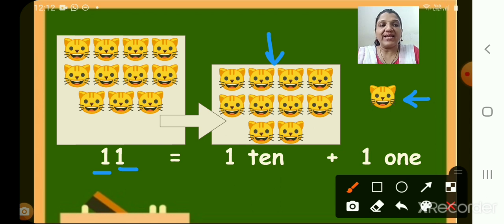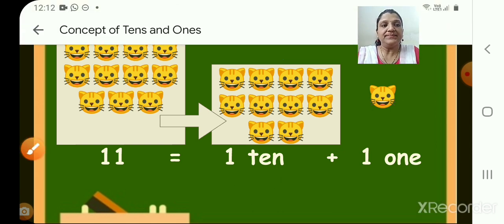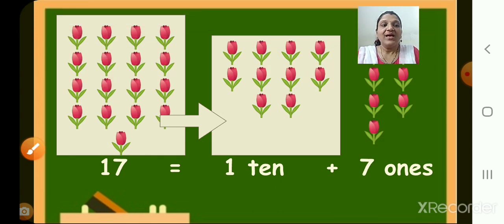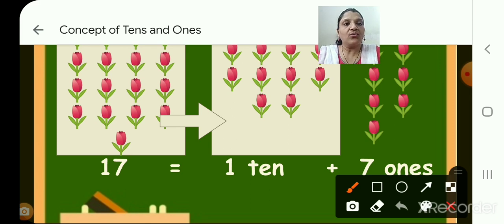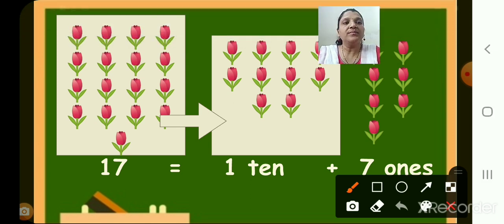Now, let's take next example. Here we see some flowers. There are 17 flowers in the first box. Now, we will take out 10 flowers and make one group. We call it as 1 ten.